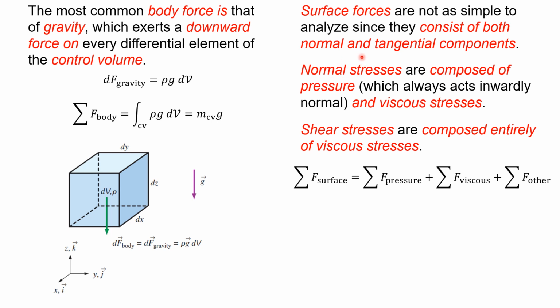Normal stress is composed of pressure, which acts towards the body from outside, so it acts inwardly. Inwardly normal meaning towards the body. Shear stress, or tangential stress, is composed entirely of the viscous stress.